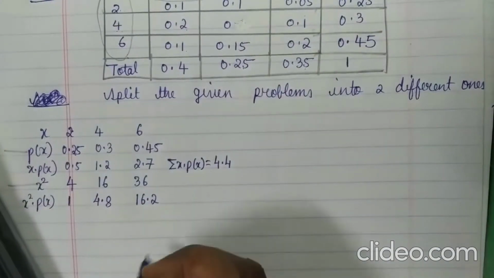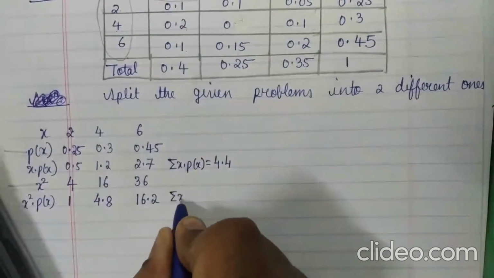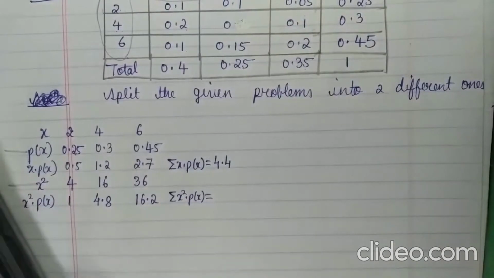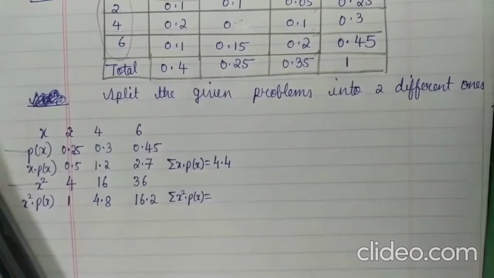Similarly, add up all these values, summation of x square into p of x is 1 plus 4.8 plus 16.2.